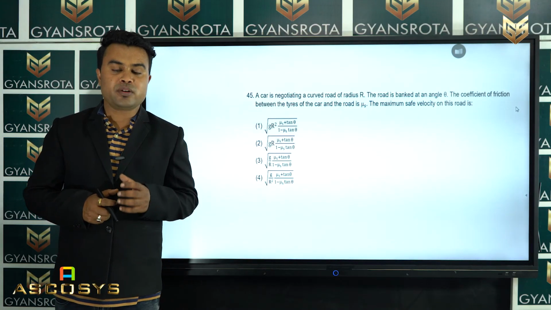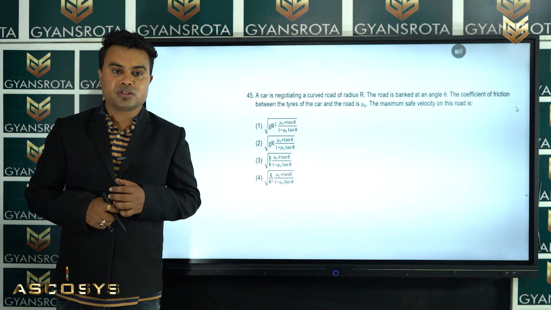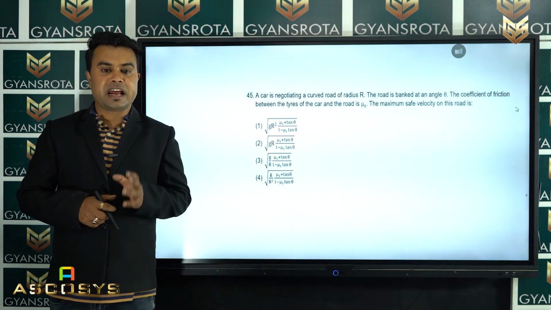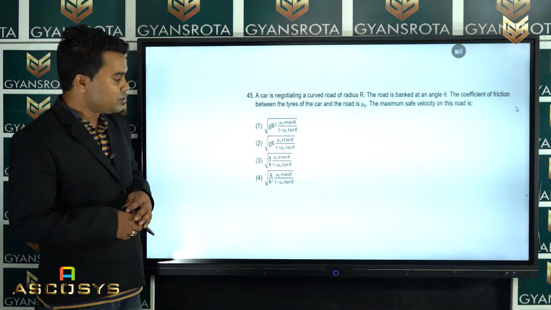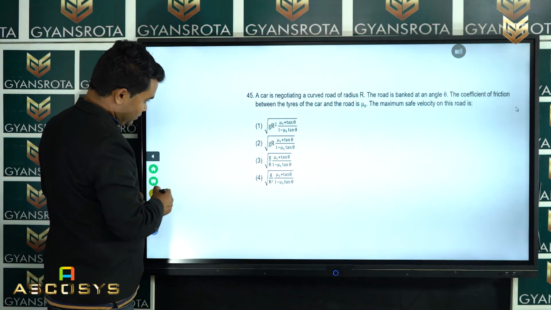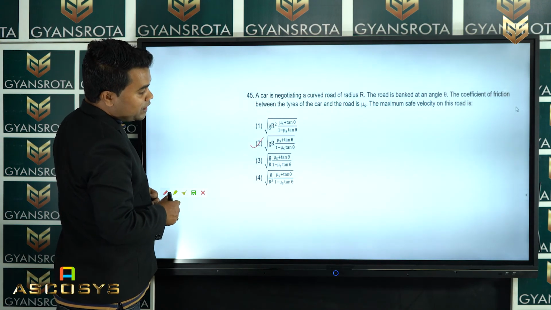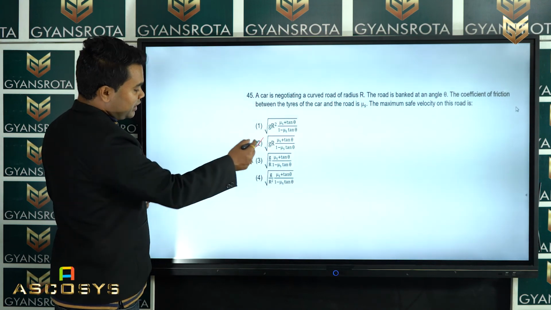This is a direct question from the topic banking of roads in class 11. This is the last question, and if you do the derivation, the final answer is given to you in the videos if you check there. So the correct answer is option number 2: root over of g r times mu s plus tan theta divided by 1 minus mu s tan theta. This is the correct answer.